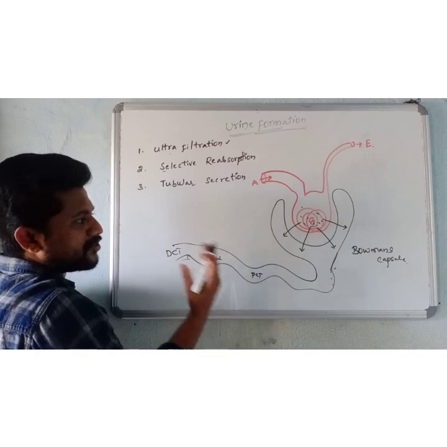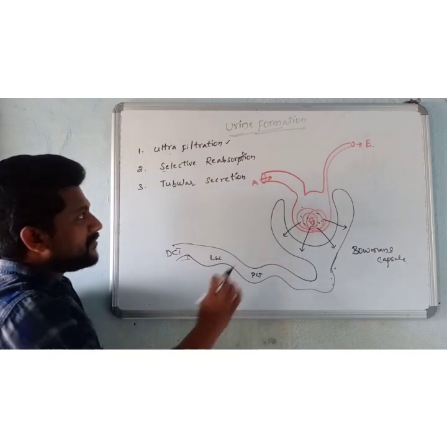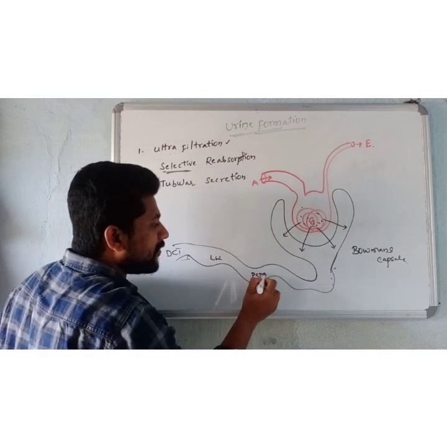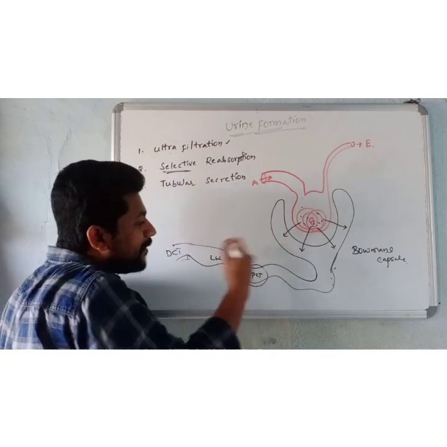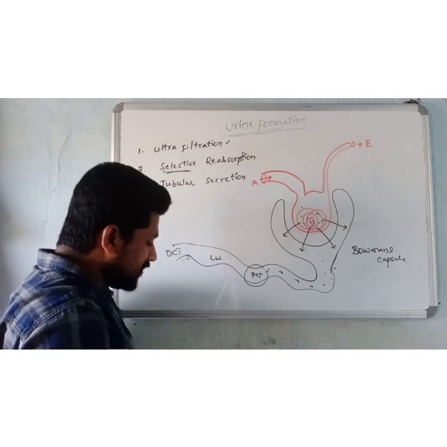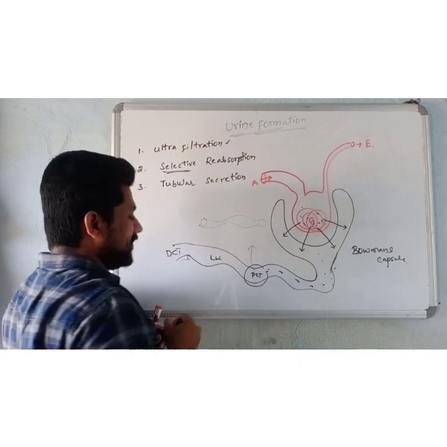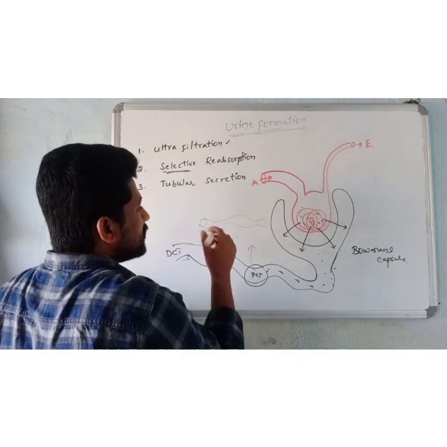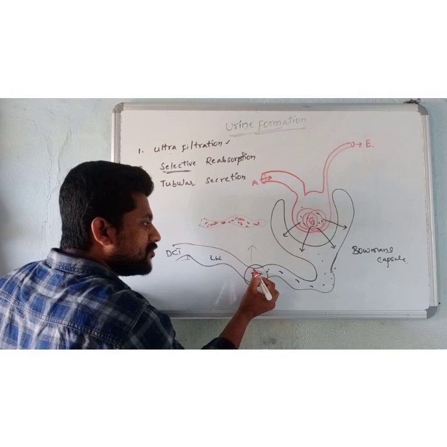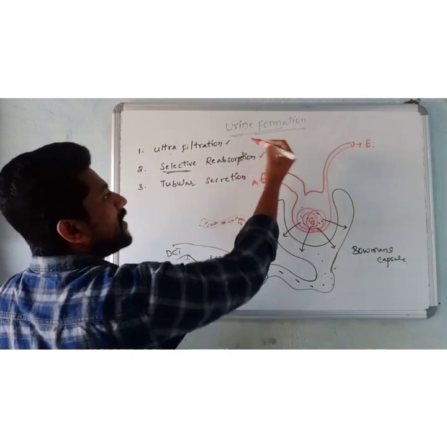Now, after the Bowman's capsule, from this lumen, majorly from the PCT portion, all the usable substances from the filtrate enter into our blood capillaries, that is, again from the filtrate the useful substances enter into our bloodstream. That is the selective reabsorption.